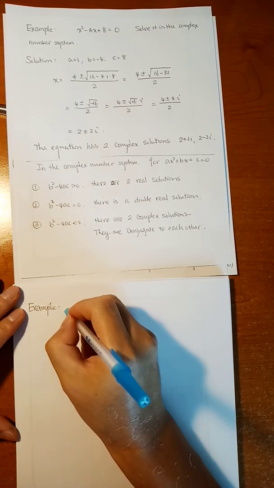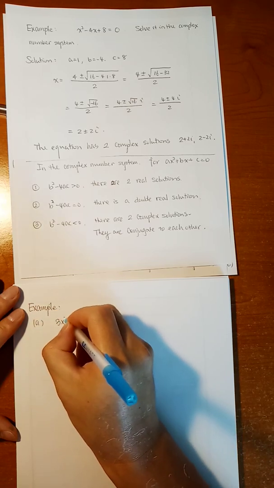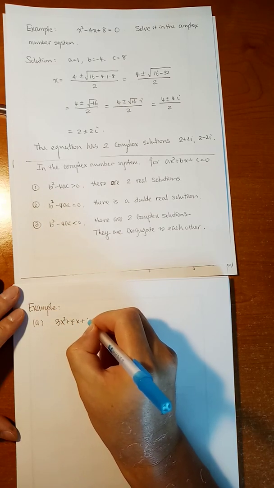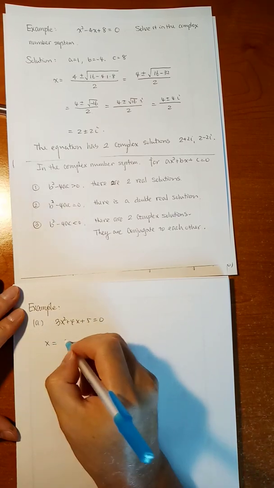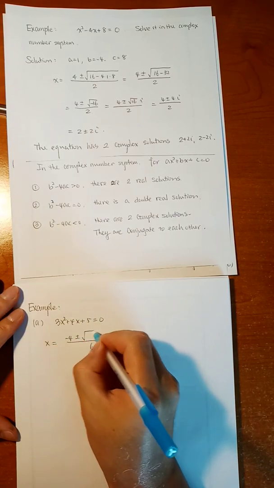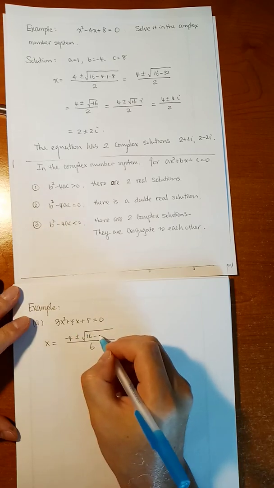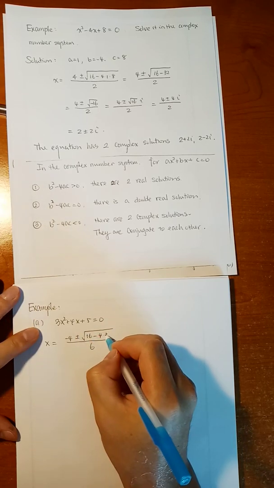If we have 3x squared plus 4x plus 5 equal to 0, then the solution is x equals negative b plus or minus square root of b squared minus 4ac over 2a.